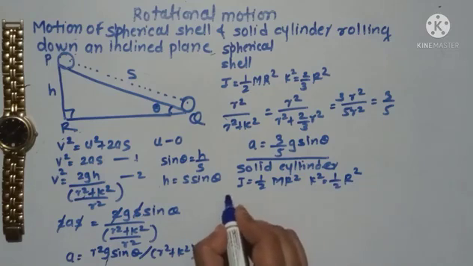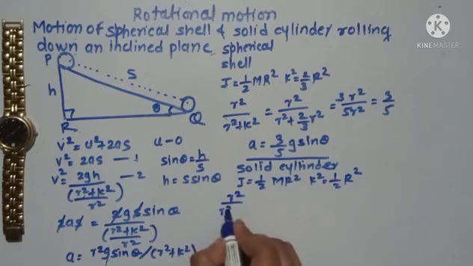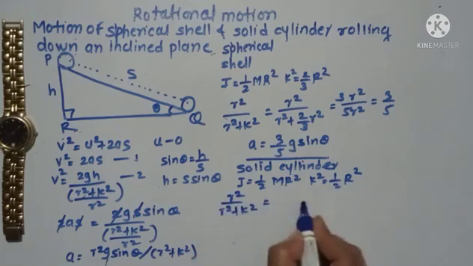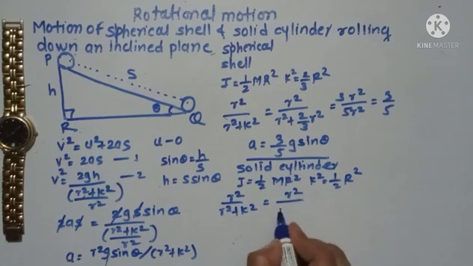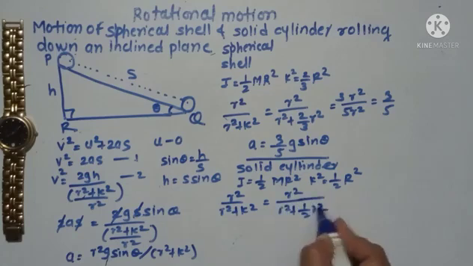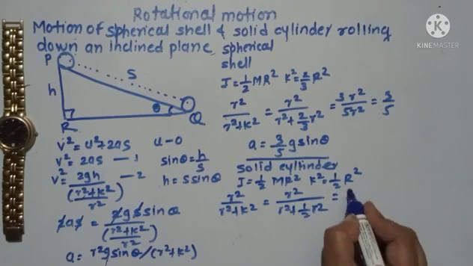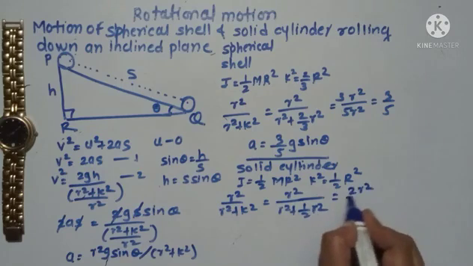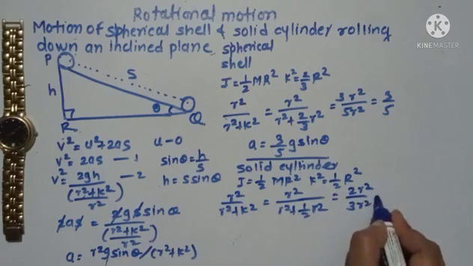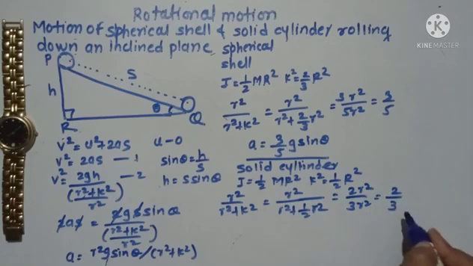So the value of r square upon r square plus k square will be r square plus 1 half r square. This r square and this are same, so it will be 3r square upon 2, so it will be 2r square upon 3r square, which is equal to 2 by 3.